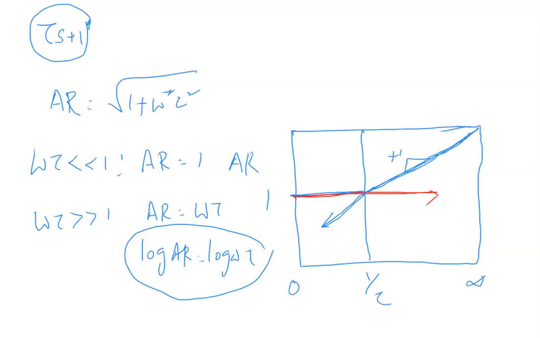Suppose if I put, let's say, kp into tau s plus 1, this 1 will be replaced by kp. So nothing will change.